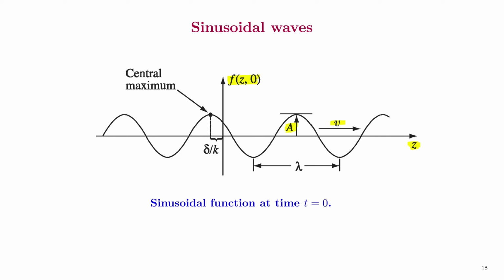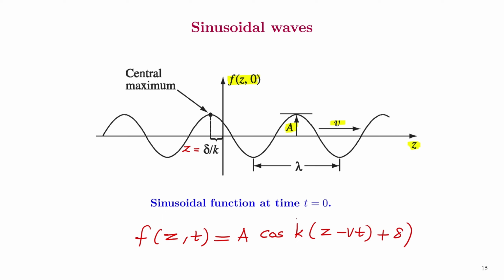As you can see in this figure, the central maximum of the wave is displaced by a distance delta over k. Now the general expression that we wrote for this wave was f(z,t) equal to A times cos[k(z minus vt) plus delta], and the central maximum occurs when the phase is 0.